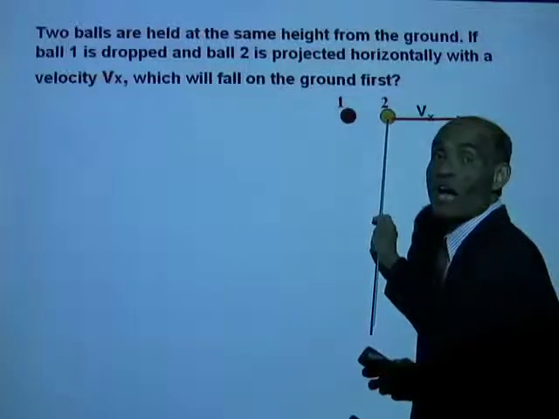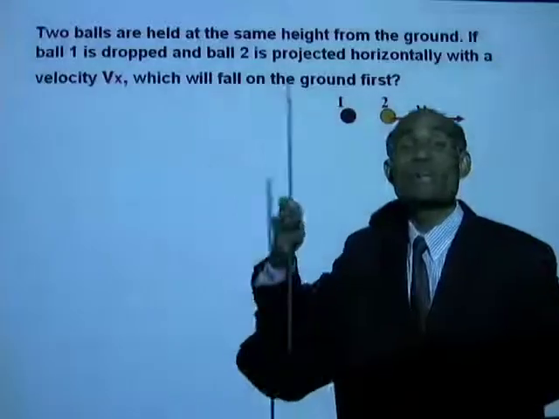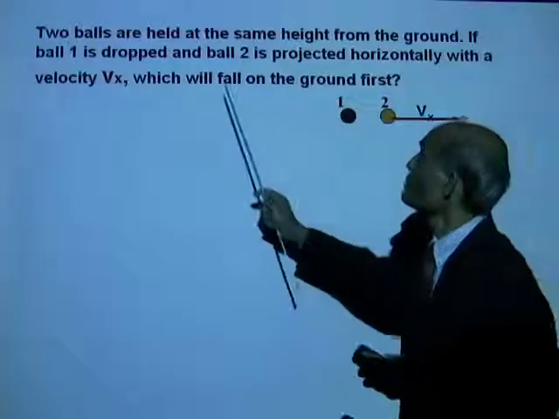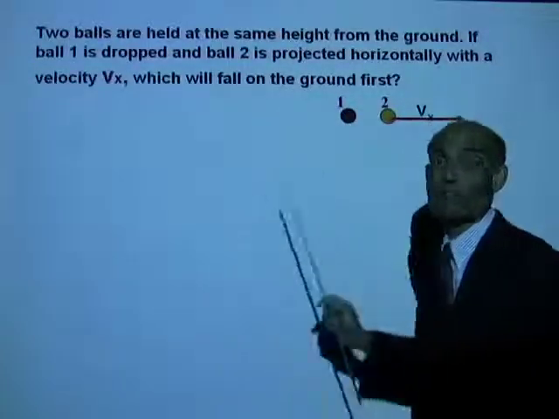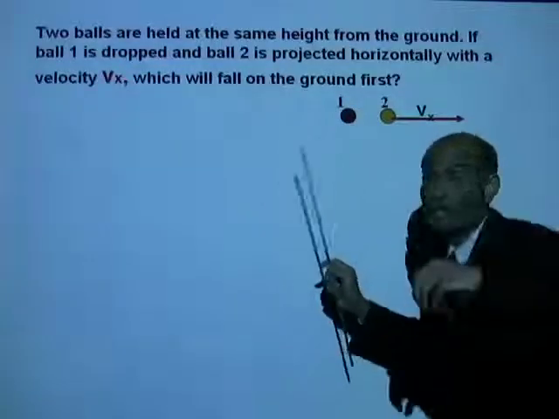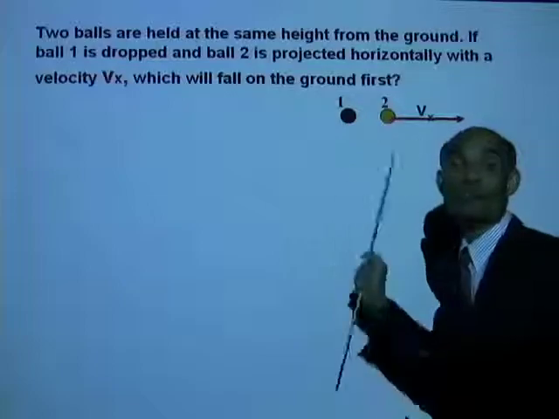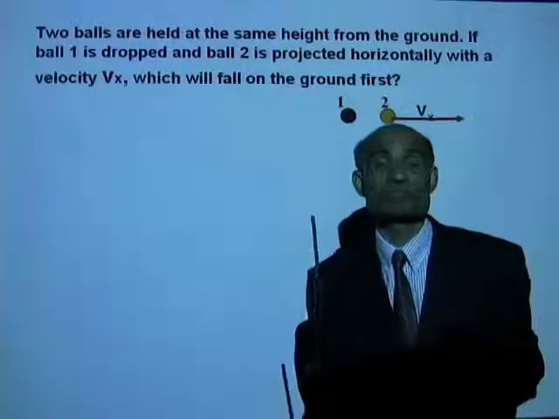The vertical and horizontal motions of the projected ball will be independent of each other. Alright? The question is, which will fall on the ground first? This is dropped freely, and this is projected horizontally with a velocity vx. Which will drop on the ground first?